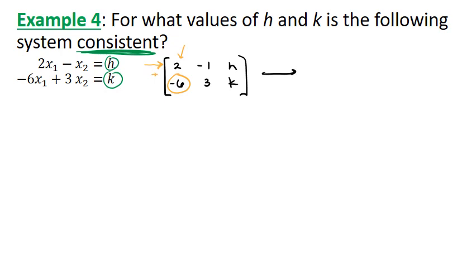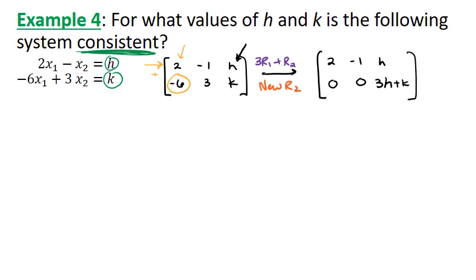The way I do that is I take 3 times row 1, add it to row 2, and that will become my new row 2. So row 1 is the exact same thing, but row 2 becomes 0, 0, 3h plus k, because I'm multiplying this by 3. So that last entry is just all of this, which is perfectly fine.